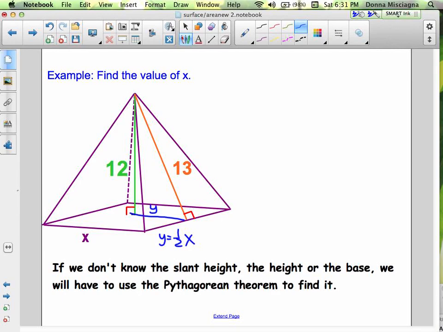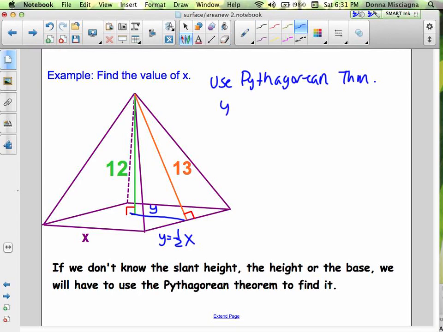Okay, so now let's set this up. We're going to use the Pythagorean theorem. Sometimes when I'm writing, I can't stop, otherwise when I start writing again, sometimes the letters are not where I want them to be. So we're going to use the Pythagorean theorem.